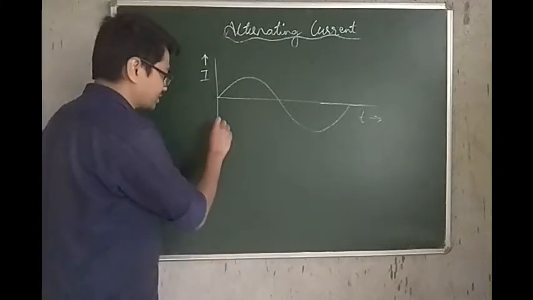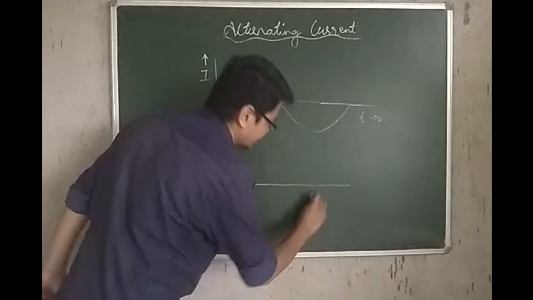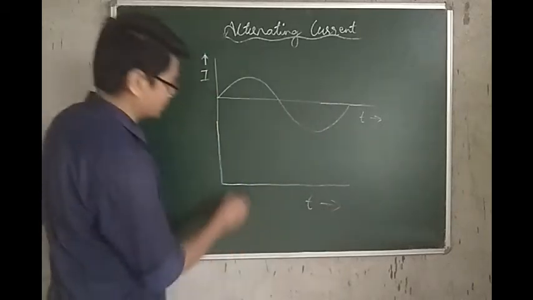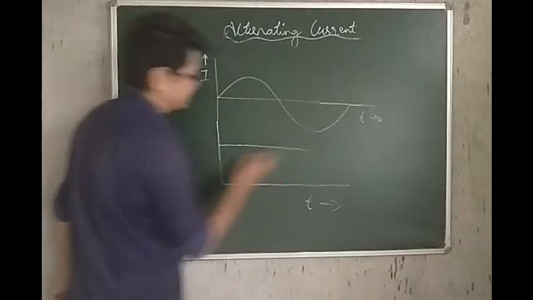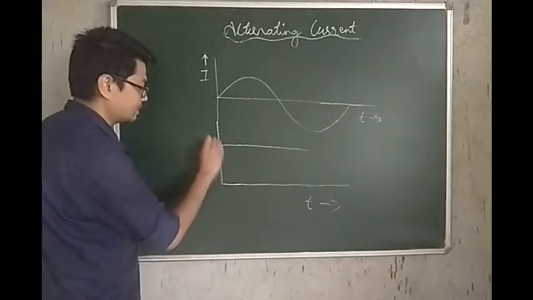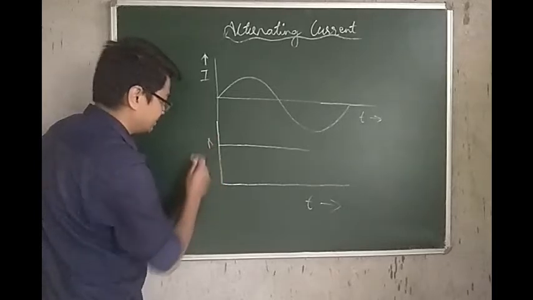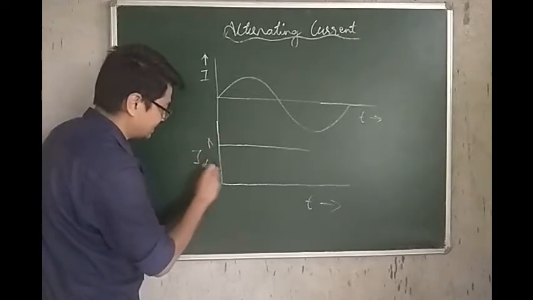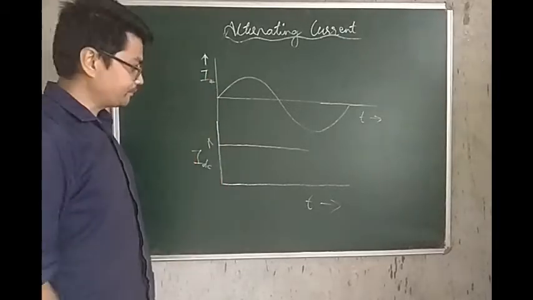If we were to plot the graph of a direct current with respect to time, so this is your time axis, I hope it is straight enough. If we were to plot a direct current, it would be this. Let me write I DC. This is I AC, alternating current.